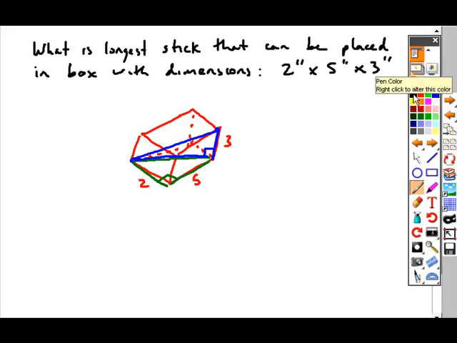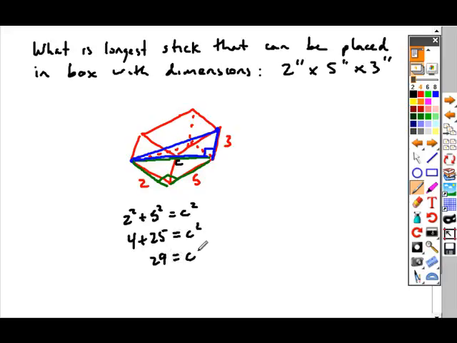Okay, so if we look at the math for this, we have the Pythagorean theorem. So a squared plus b squared equals c squared. So we know that 2 squared plus 5 squared is equal to, and I'll call this c squared, c is the diagonal across the bottom. And so if we add these together, 4 plus 25 equals c squared, or 29 equals c squared.